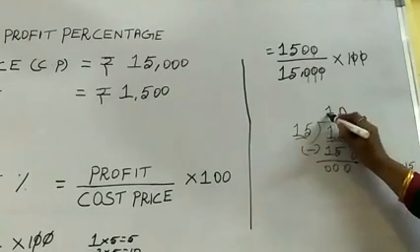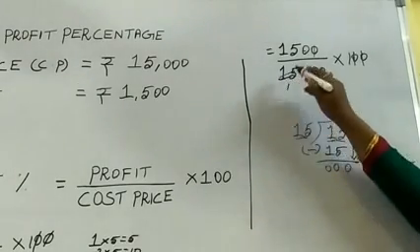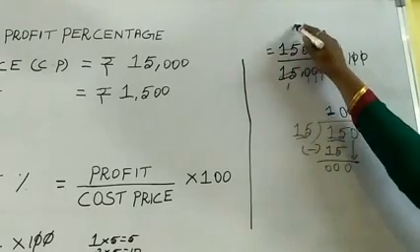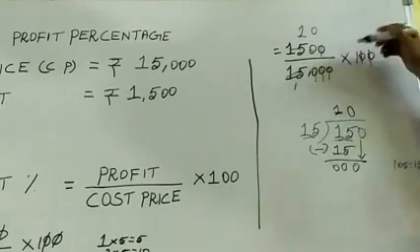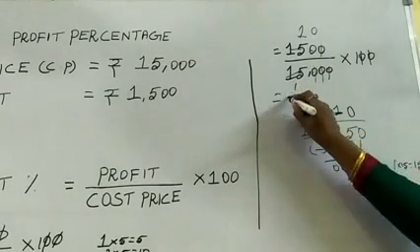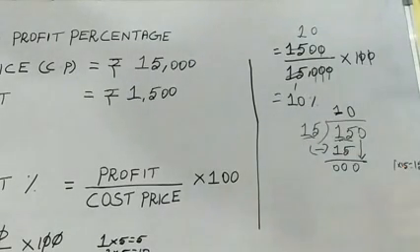Now you get 10. So what comes now? You should get 10. So 10, 1. 10 ones are 10. So what is the percentage? Your profit percentage is nothing but 10%.